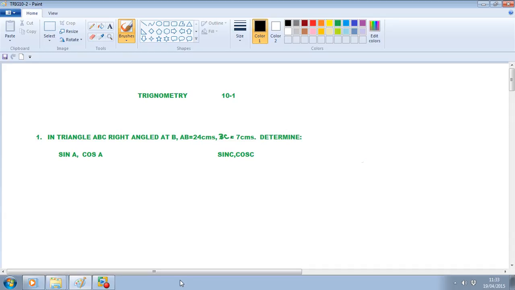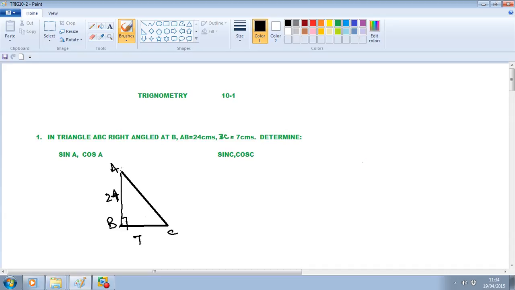So the first problem: in a triangle ABC, right angled at B. So we'll draw a right angle triangle, right angle at B. What it says is AB is equal to 24 centimeters, BC is equal to 7.